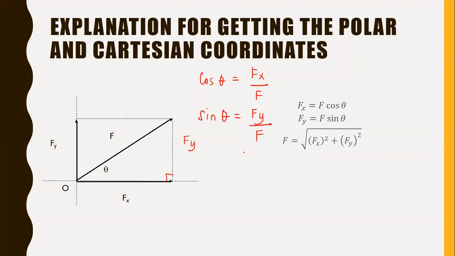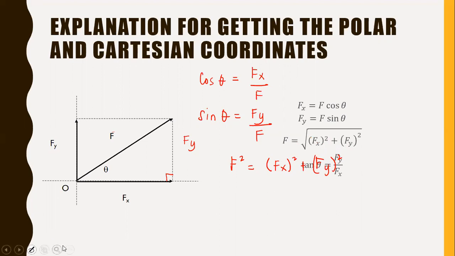Then, using the Pythagorean formula in finding F, you have F squared is equal to Fx squared plus Fy squared. Remember the Pythagorean theorem: the square of the hypotenuse is equal to the sum of the squares of the other two sides. So F is equal to the square root of Fx squared plus Fy squared.